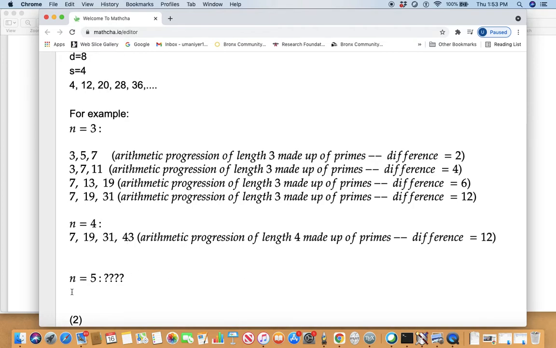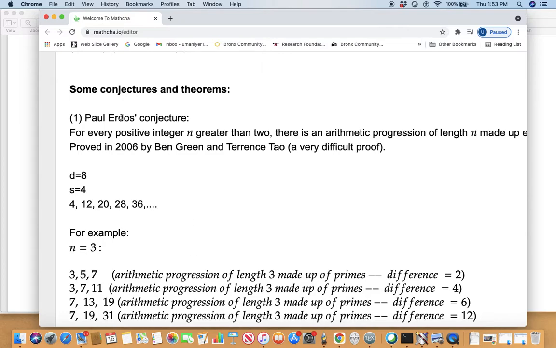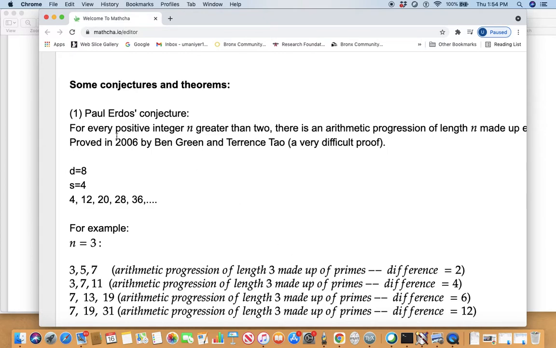For n equals 5, I have not managed to find any sequence. But this was Erdős' conjecture: for any n, you will be able to find an arithmetic progression of that length. Turns out it's true. You can find it. And it was proved in 2006 by Ben Green and Terence Tao, and the proof is very difficult.